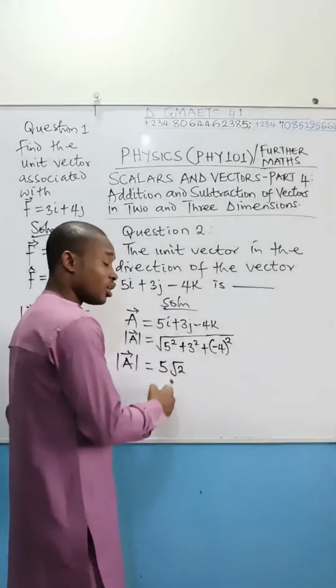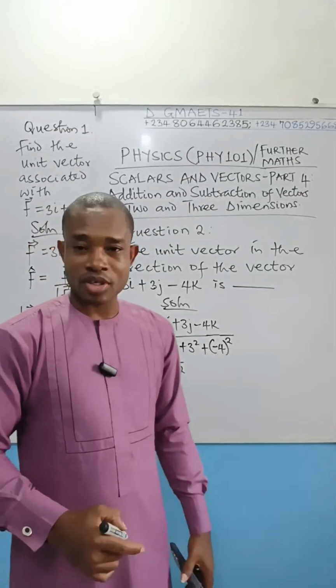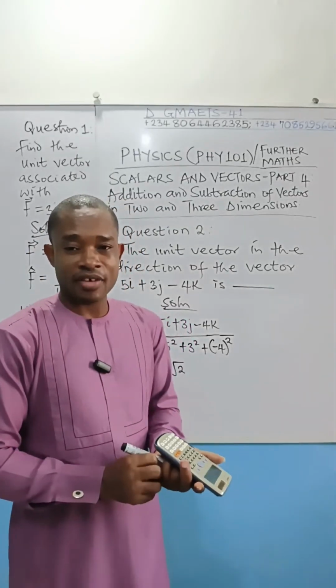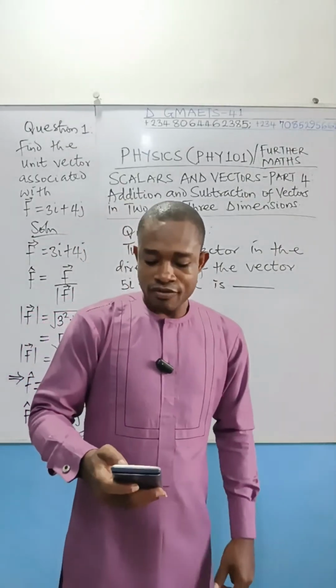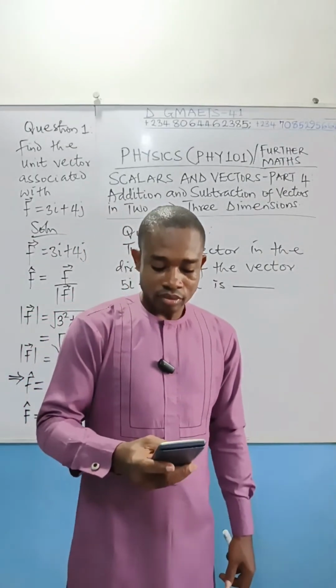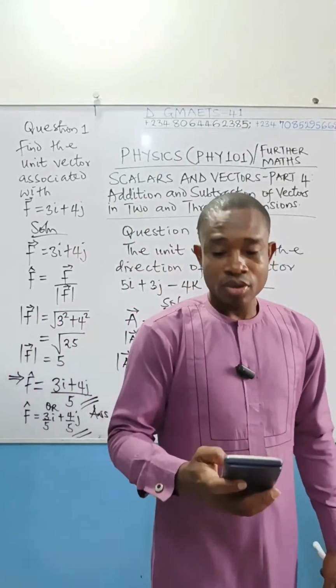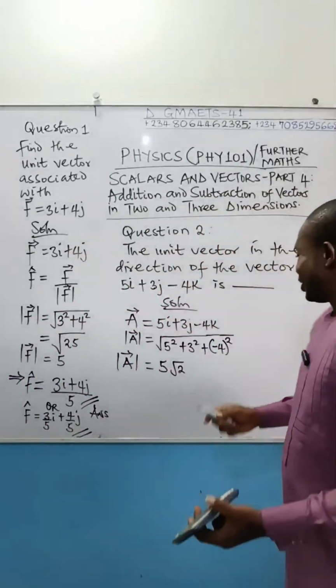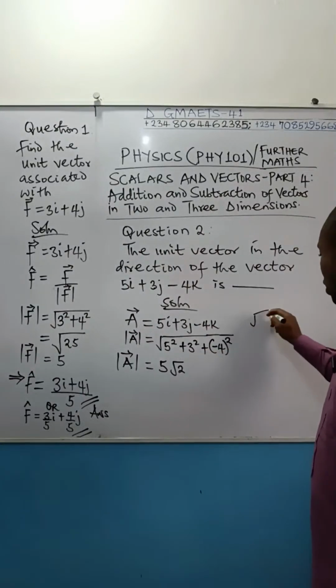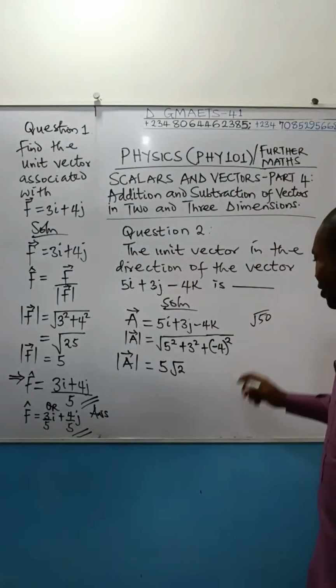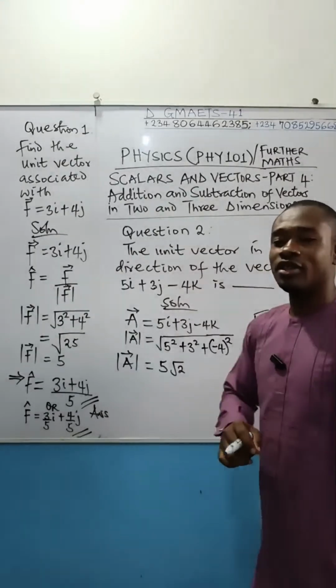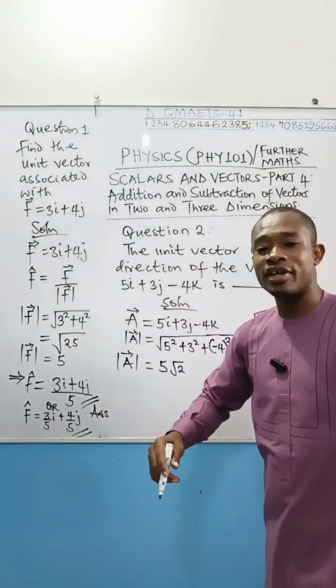5 root 2. The knowledge of such would help you out here to know why this is 5 root 2. If you add 25 to 9 to 16, right, you get 50. This term would give you square root of 50. Now, in this 50, the highest perfect square there is 25.